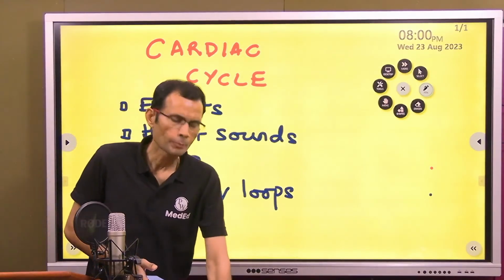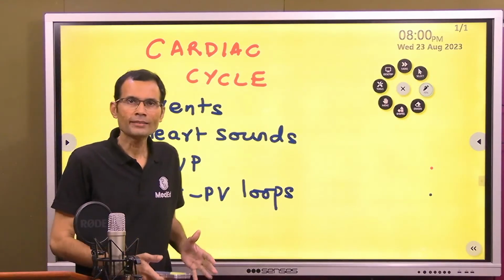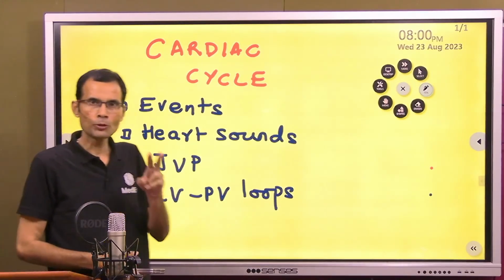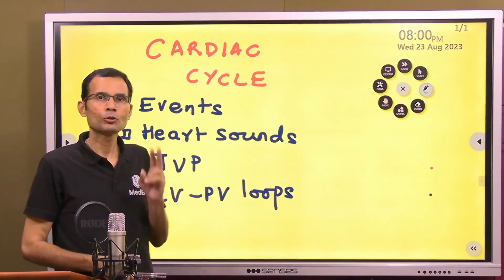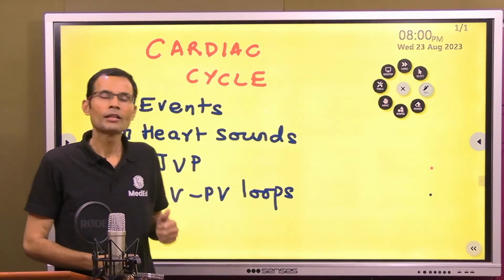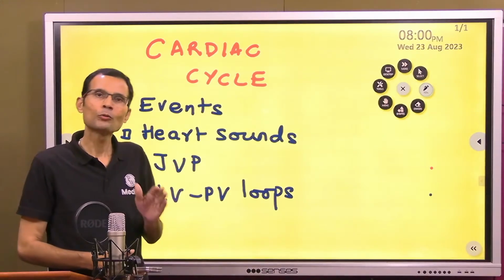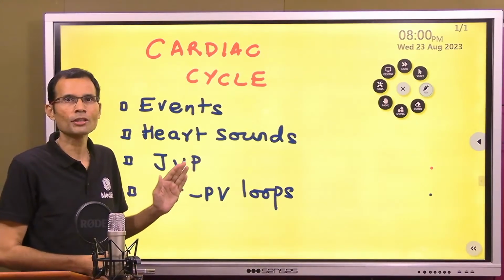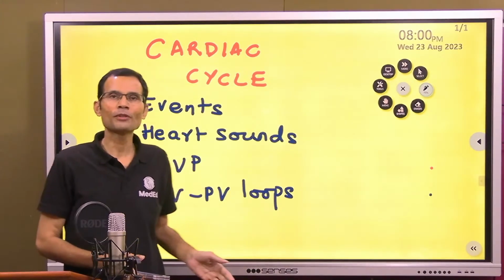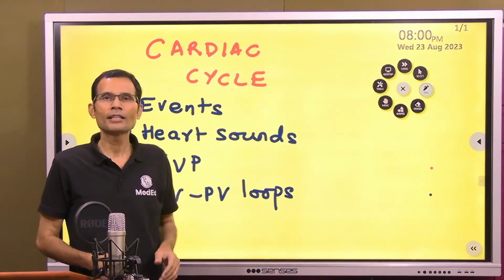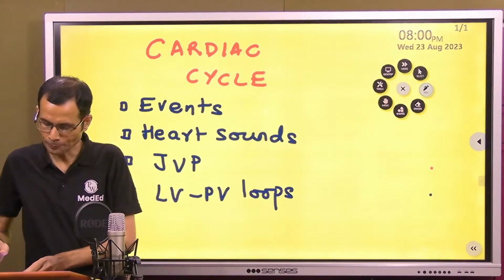Why did I select this particular topic for rapid revision? There are two important reasons. One is that no exam is complete without a question on cardiac cycle, whether it's a first prof exam or NEET PG. You will see in every exam there is one question on cardiac cycle.